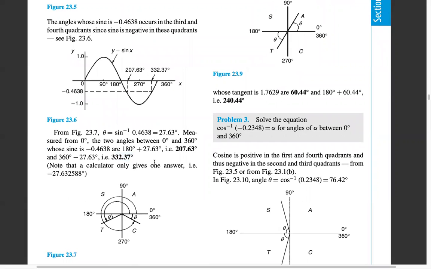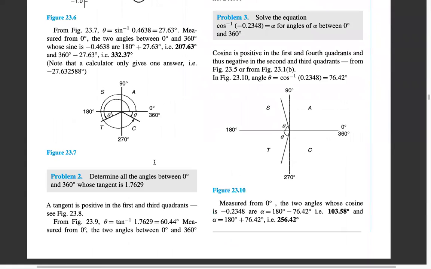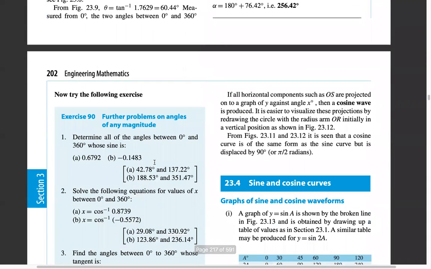So this is where human intervention comes in. The calculator gives you the principal value, i.e. the value in the first quadrant, or the value in the fourth quadrant. Usually that's what it gives. It's up to you, the human, to figure out how to use that value to solve the equation.